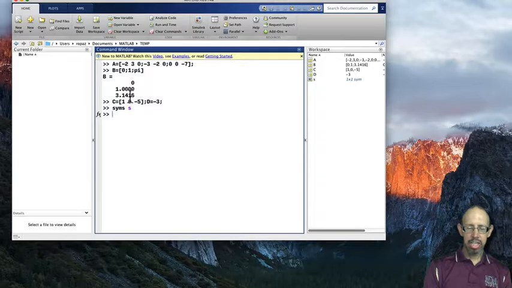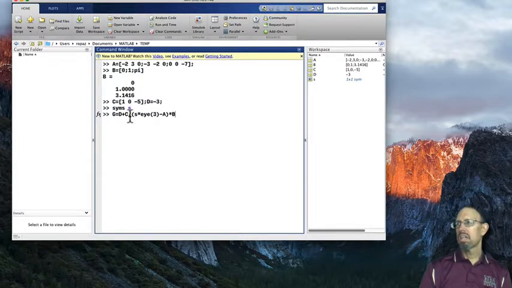And now I can define G to be equal to D plus C divided by s times the identity minus A times B. So this slash here basically tells MATLAB that I want this next matrix to be inverted.